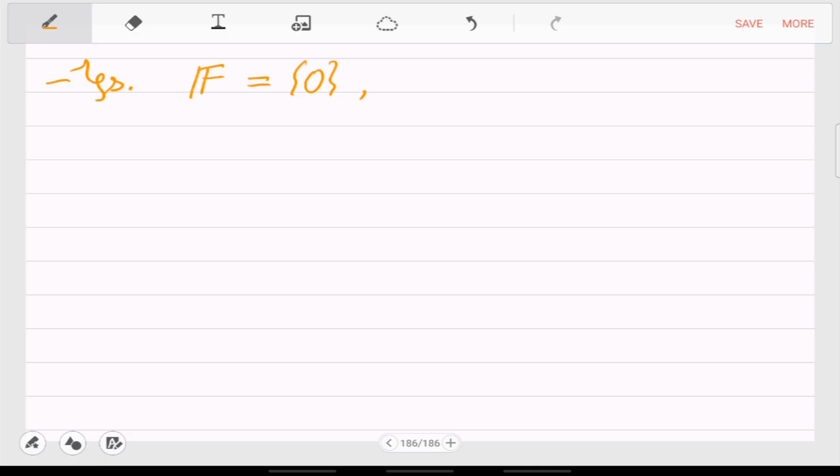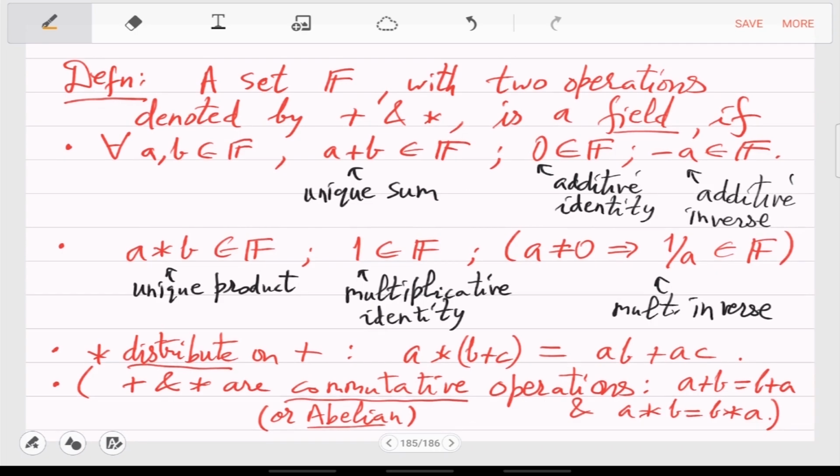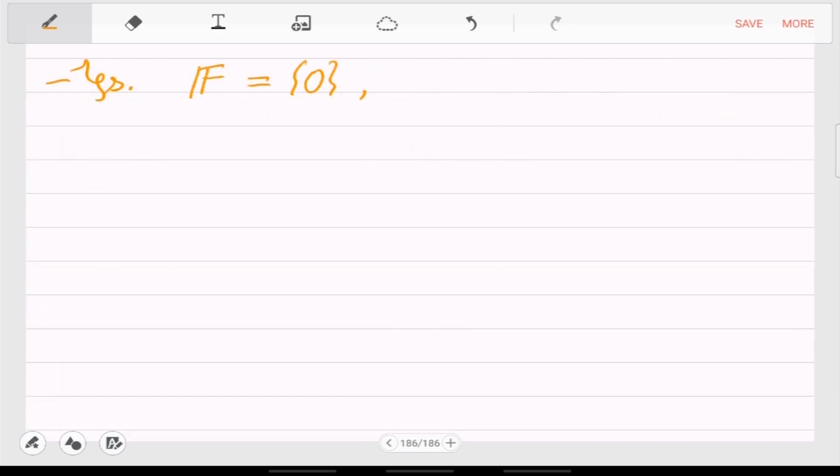Right, so the problem is we have said we want 1 also. Yeah, but we have said that 1 is in F. So just by that, conventionally we are not calling it a field. Let's not take that.